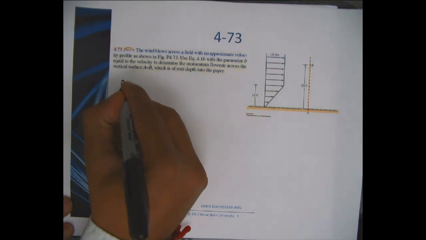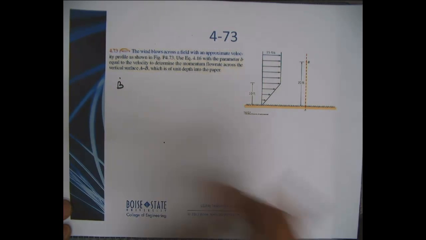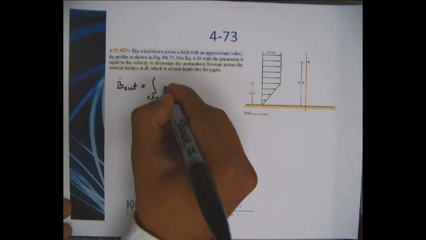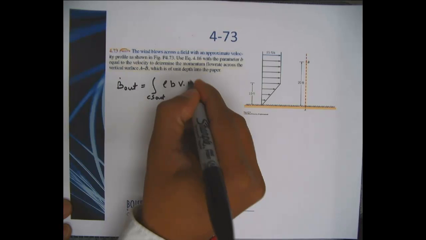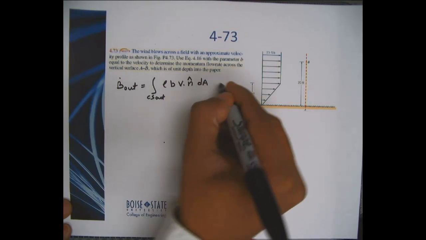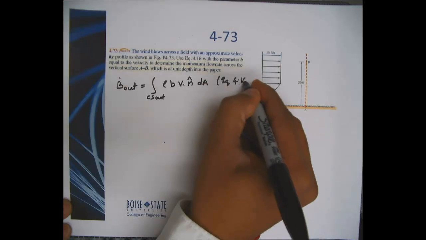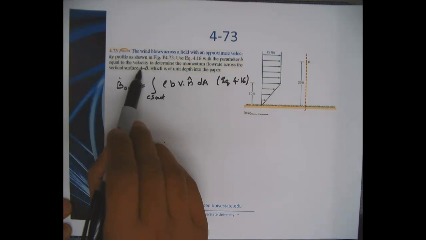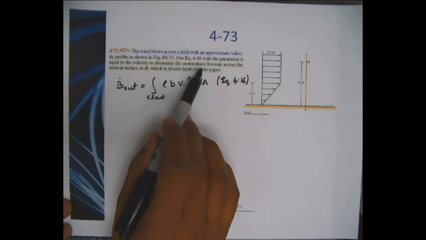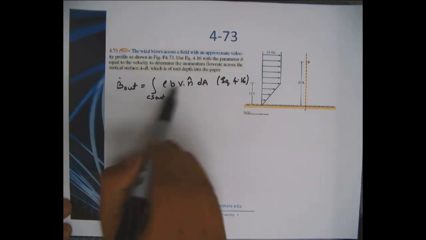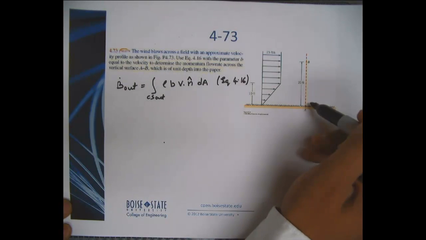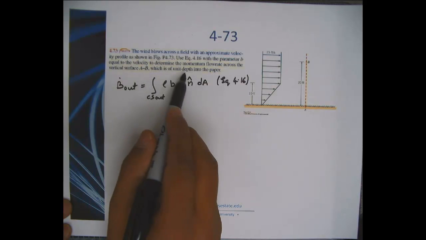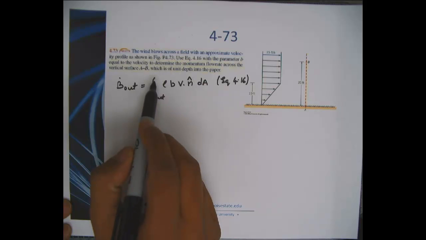Equation 4.16 from your book in chapter 4 is b out equals the integral over the control surface of rho b (V dot n) dA. You're asked to take the parameter b as the velocity, which will then help you determine the momentum flow rate across this vertical surface AB. And you're asked to assume that the depth into the paper is unity.